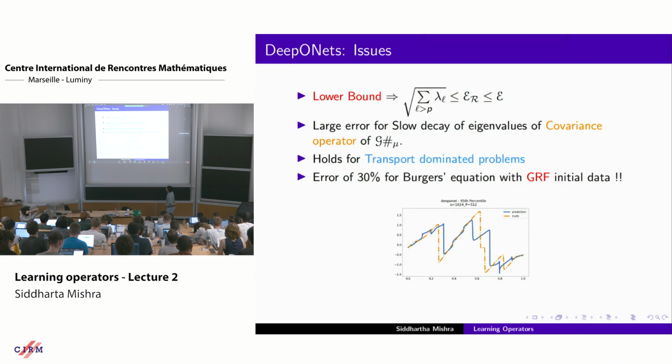But what happens when they decay slowly? For instance, when you have transport dominated problems, then you end up in trouble, because in principle this error can go very, very slowly. For instance, it only decays linearly or sublinearly with the number of eigenvalues. Then you need large system sizes to represent your solution, and then you need lots of data to feed it.